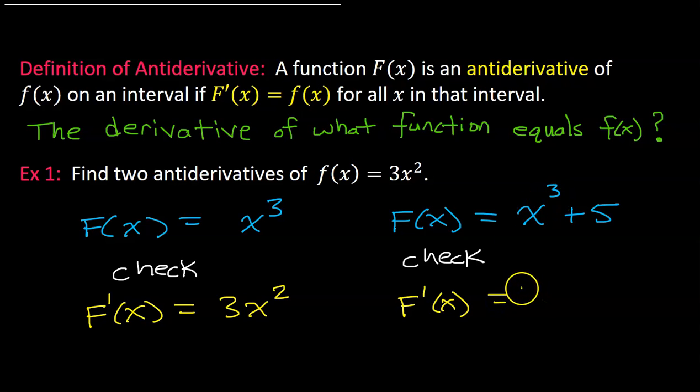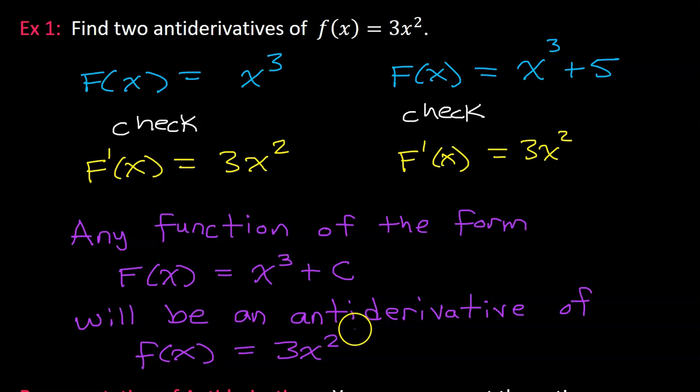Well, the power rule happens, and we have 3x squared. Then we get to the constant. Oh, okay, I see. If we take the derivative of a constant, that's 0. So it still gives us the exact same thing even when we have an extra constant on the end. So very quickly you can see that it didn't matter what constant we added on the end.